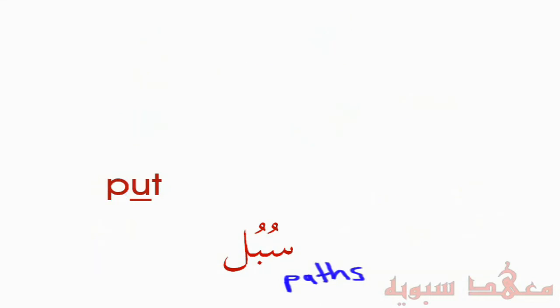Let's get to the kasra. The kasra, as we showed you, is a line at the bottom of the letter, and the sound it has is like the I in the word sit. So it's an E sound. If I transliterate that into Arabic, you have the sin with the kasra, si, and that's the ta.